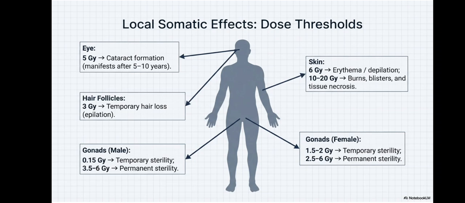Male gonads: temporary sterilization at 0.15 gray, permanent sterilization at 3.5 to 6 gray. Female gonads: temporary sterilization at 1.22 gray, permanent sterilization at 2.5 to 6 gray. Skin: erythema at 6 gray, desquamation and tissue necrosis at 10 to 20 gray.